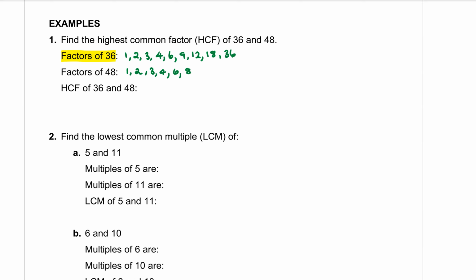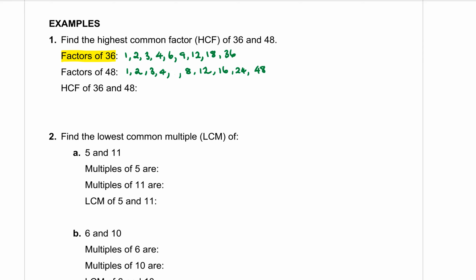So 4 times is with 12 to give 48, so that will be the next one. 3 times is with 16 to make 48. 2 times is with 24 to give 48. And 1 times 48 makes 48.